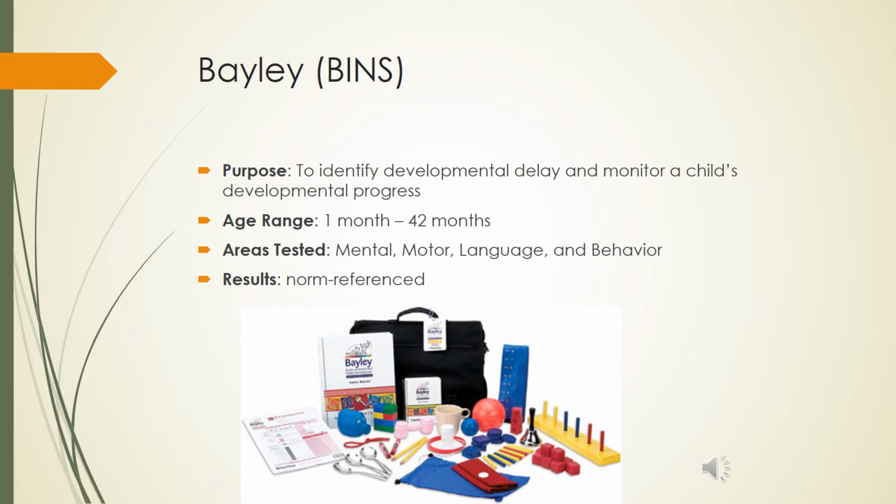The Bayley 3 had some not quite controversial issues. Basically, they ended up using a little bit too many kids that had delays in their norm comparison, and so it's not as good at picking up delay as it could be, even as much as the 2nd edition was.